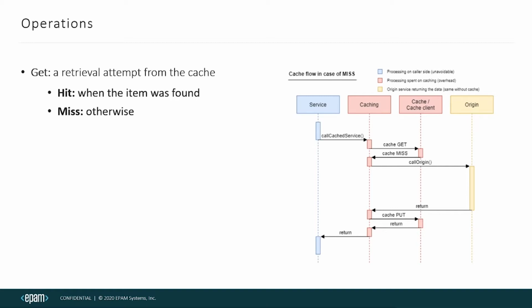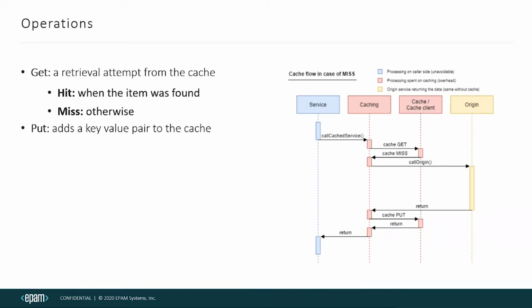In this case, it isn't, so it is a cache miss. And because we are dealing with a cache miss, we need to call the origin service. Then, based on the return value, we need to use a cache put if we want to find it the next time, because the put is essentially adding a key value pair into the cache. And when the put is completed, we can return as usual. So caching is really a middleman in this case.